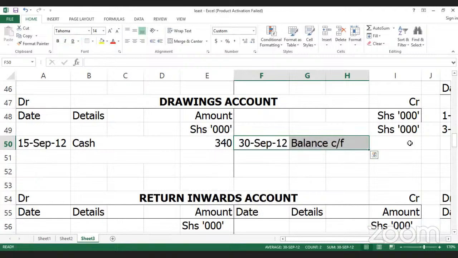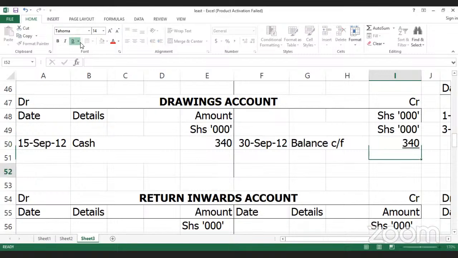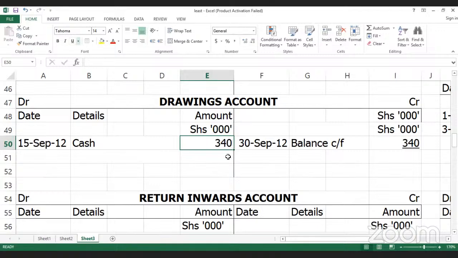That is 340, the balancing figure in that account. To make both sides equal, I have to put the 340 on the smaller side. My totals should be on the same level. Don't forget that.